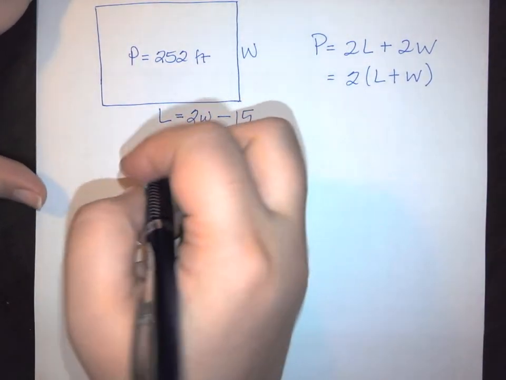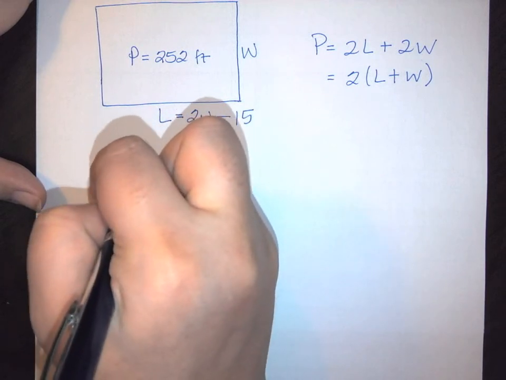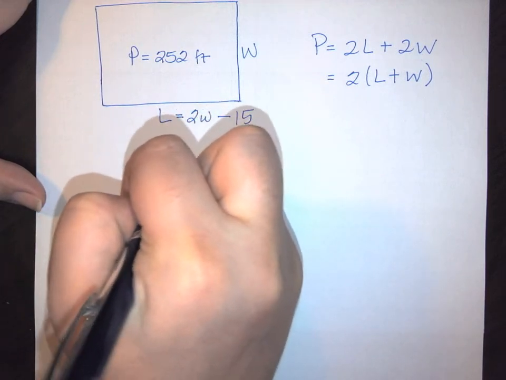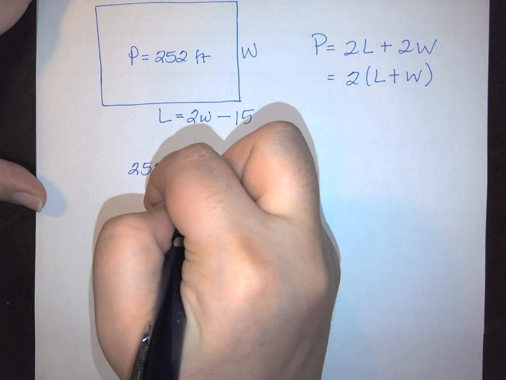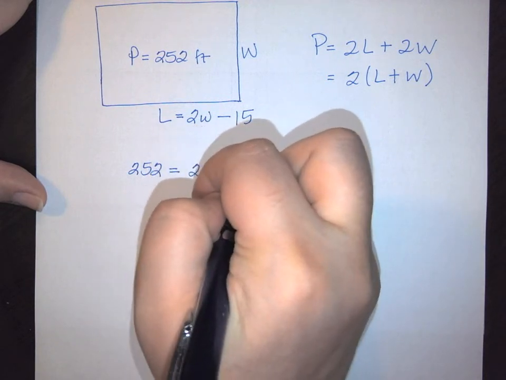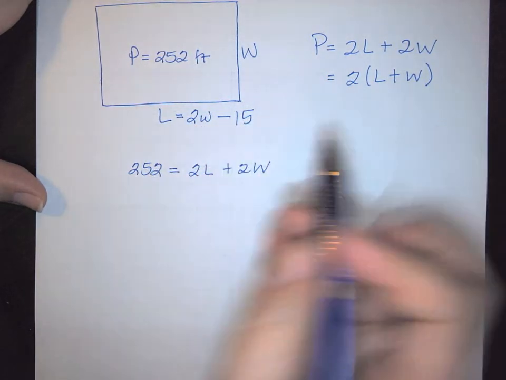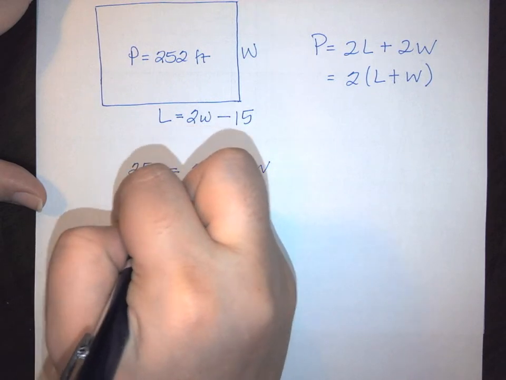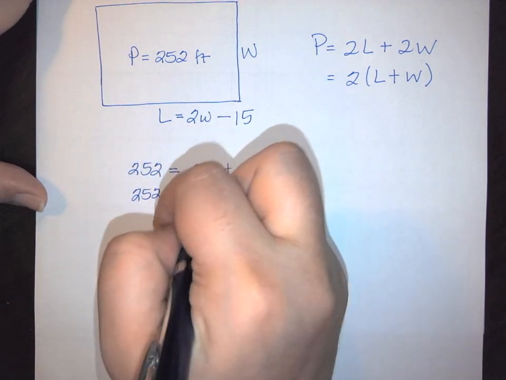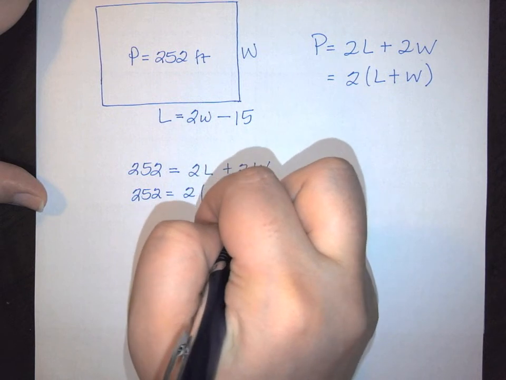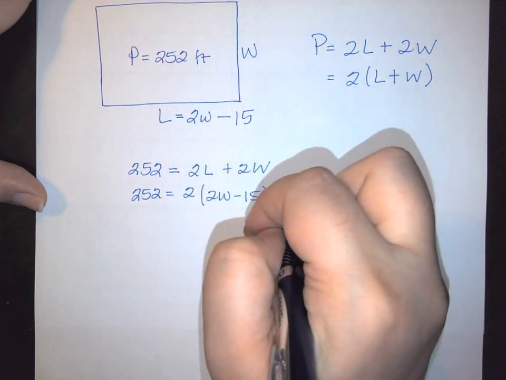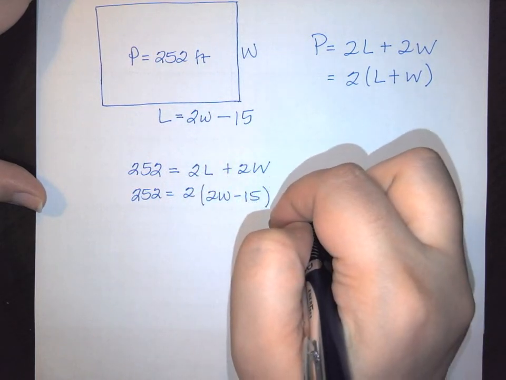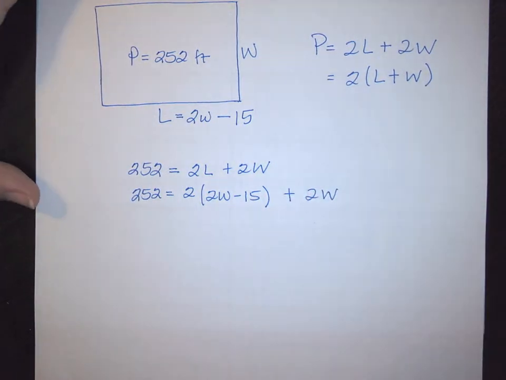So here my perimeter is 252, and this is going to be twice the length plus twice the width. Well, I know what my length is, so this is 252 is equal to twice of 2w minus 15 plus 2w.